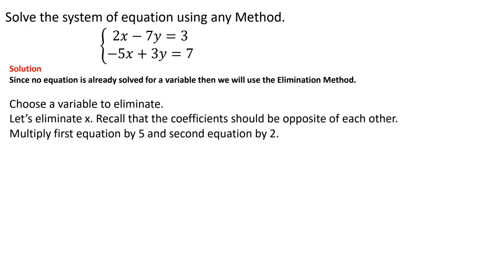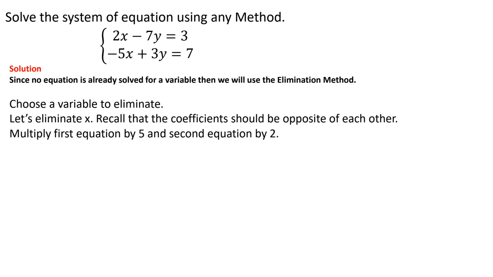To choose the elimination method, if you recall, we need to add these two together to eliminate one of the variables. So what I want to do is eliminate the x. One of the nice things is that the x values here have opposite signs. So what I have to do is just find the same number for those two to eliminate, right? So a positive with a negative will become that 0.